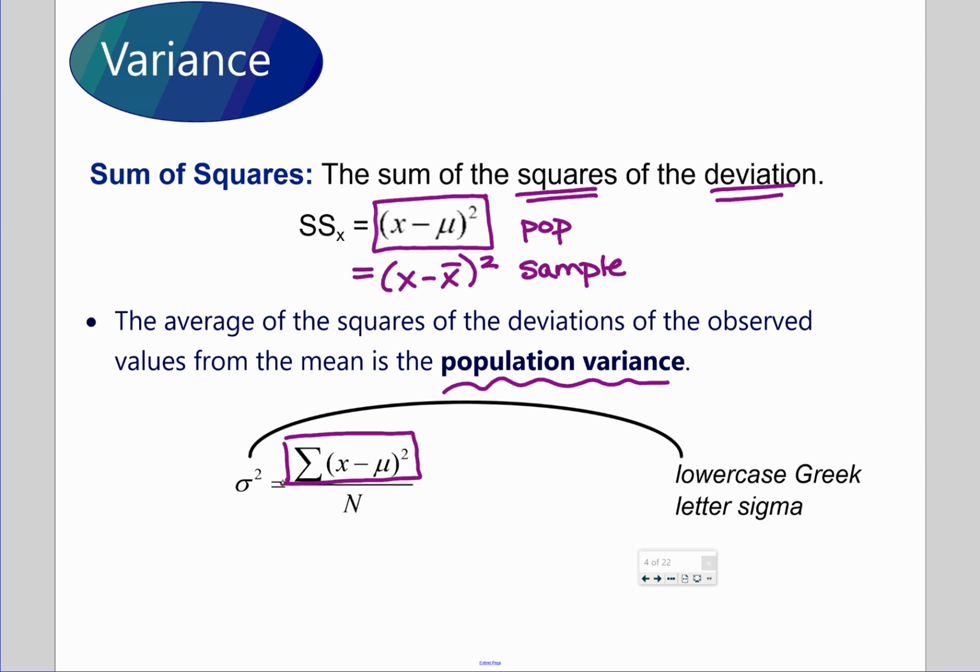And again, that mean is if it's a population, divided by N. It's a capital N because it represents our population number. If it's a sample, it's going to be a lowercase n. And then this symbol is sigma, so it's the same symbol as this guy, it's just a lowercase letter in our Greek symbols. So sigma squared.